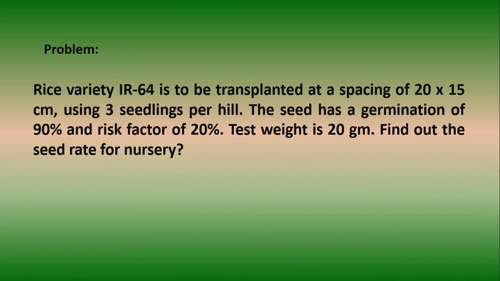Here the rice is sown by the transplanting method and the spacing is given in centimeter, so we need to convert it into meter. They have given 3 seedlings per hill, and they also gave the germination percentage and risk factor. So we need to go for the different steps which I have already shown in the previous slides.